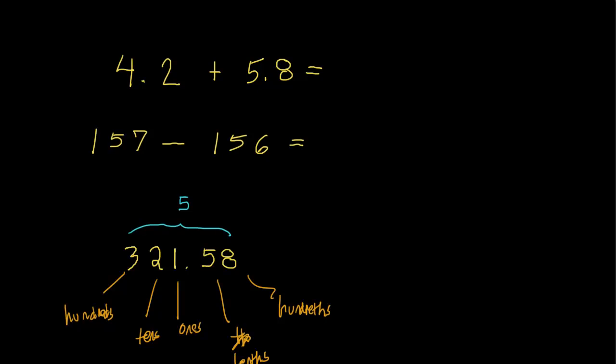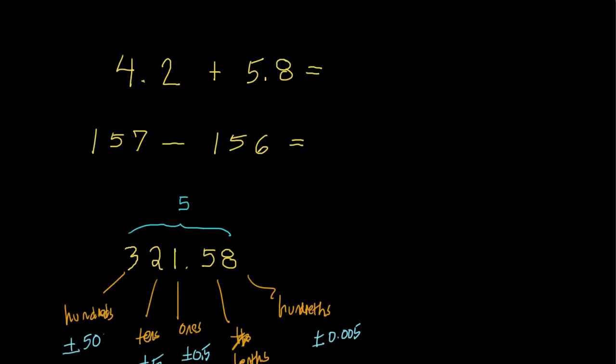And the uncertainties here will be half of each of these places. So if the least significant digit is in the hundreds place, we write plus or minus 50. If it's in the tens place, it's plus or minus 5. Ones place, we'd write plus or minus 0.5. Tenths, plus or minus 0.05, and hundredths we'd write plus or minus 0.005.